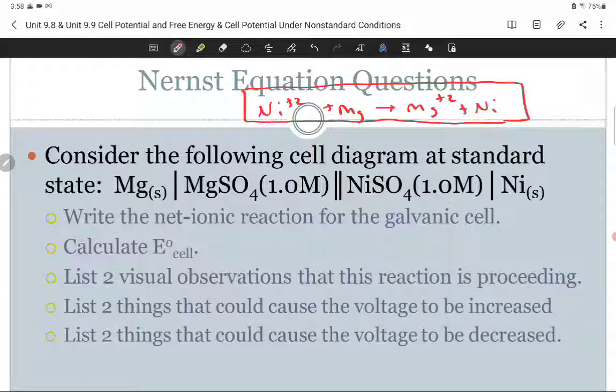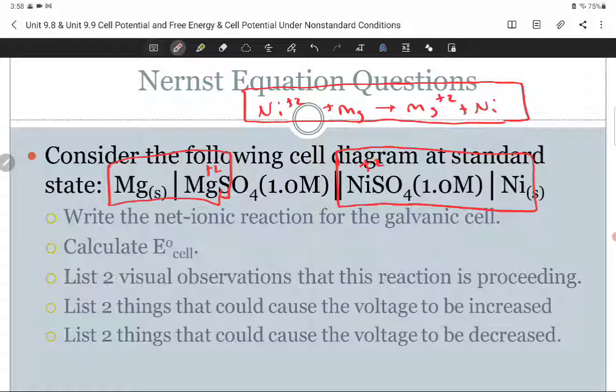Well, to calculate E cell, we've got to find the half reaction that deals with magnesium and magnesium plus 2 ions, and the half reaction that deals with nickel metal and nickel plus 2 ions. And so you need the back of the book, or actually I think it's not in the back of the book, it's embedded in the chapter.